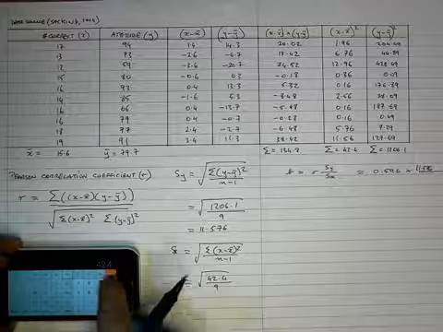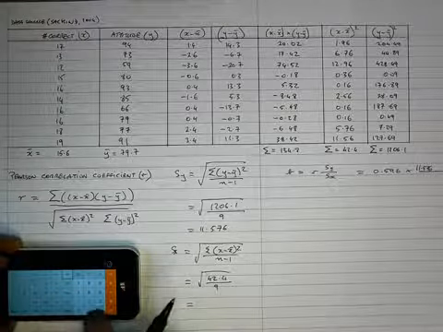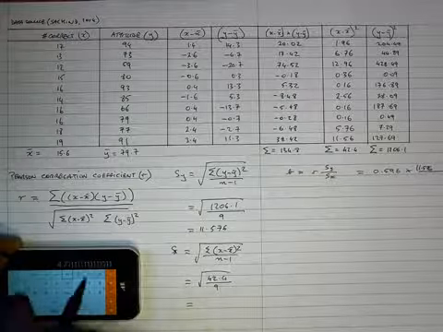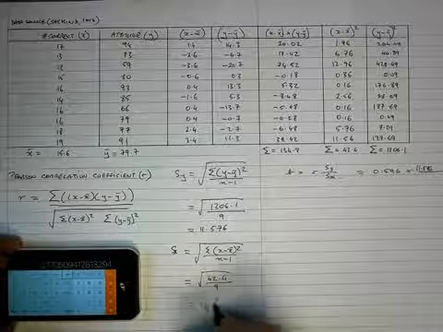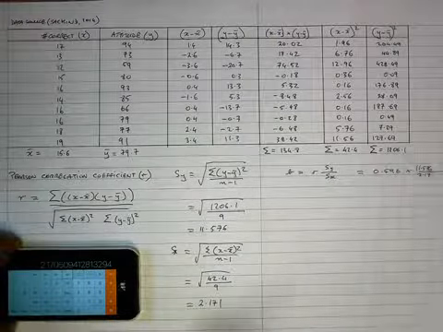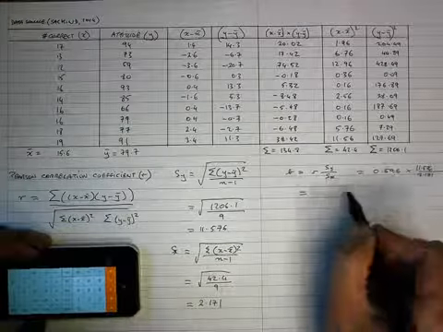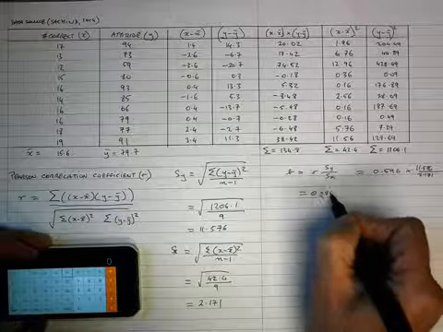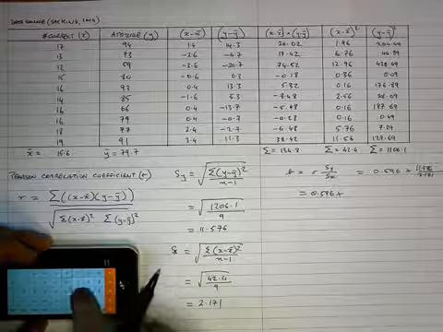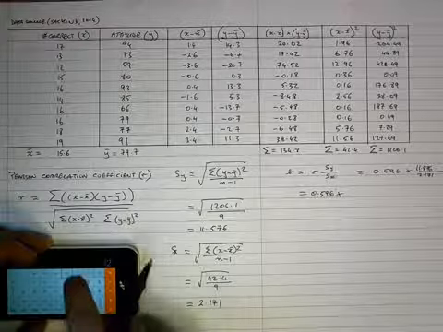42.4 divided by 9 is equal to 4.71, and I take the square root of that, gives me 2.171. So I can put in 2.171 over here. So now I'm ready to just work out this formula here. 0.596 multiplied by, let's do the fraction here, 11.576 divided by 2.171.